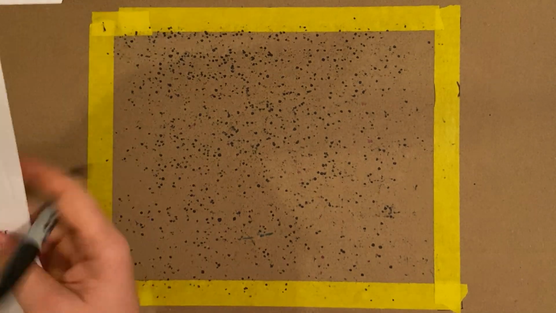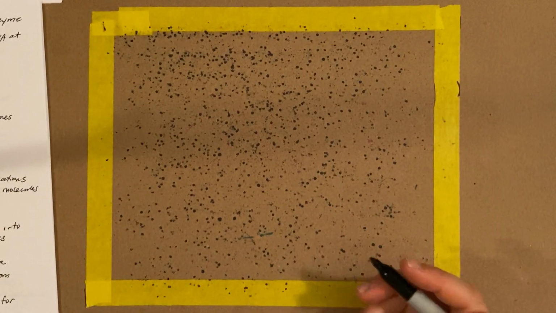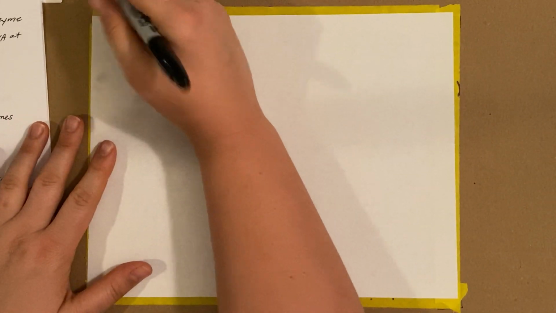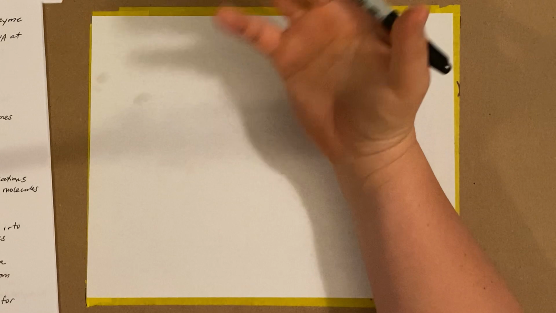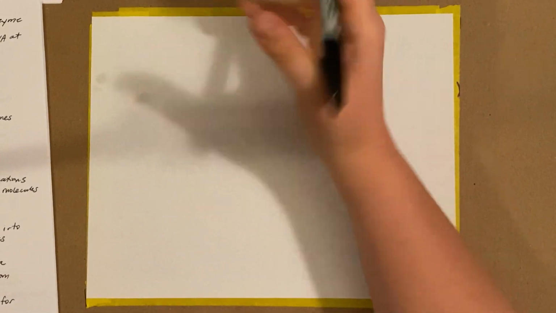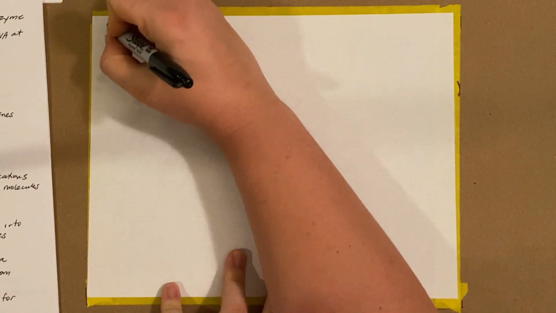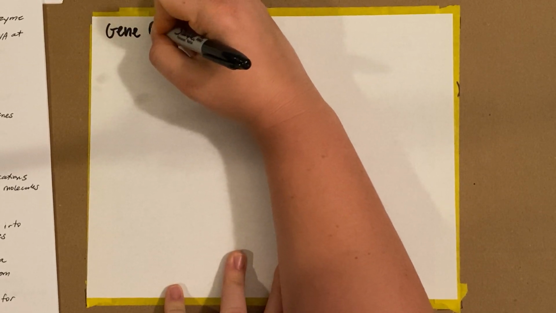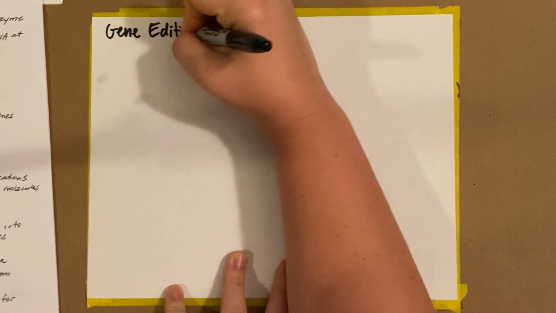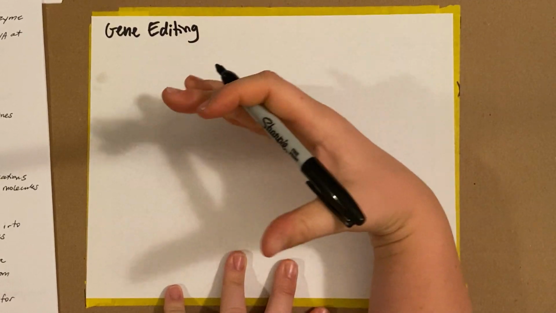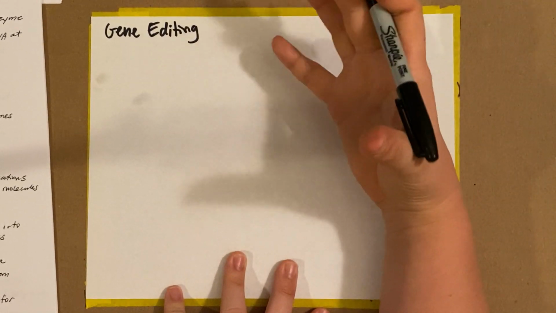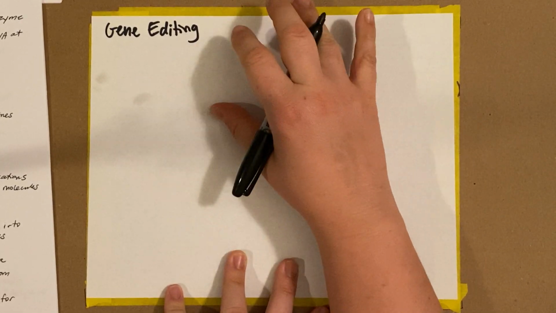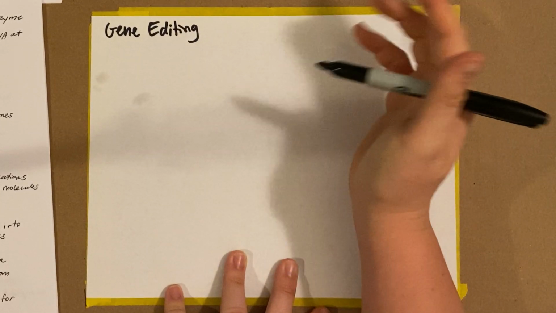Okay. So one thing I wanted to mention is this idea. Right now we've talked about how to make large quantities of proteins, but there's also this idea of being able to do gene editing. Not necessarily having bacteria take in a gene, but actually going into a cell and manipulating the gene.